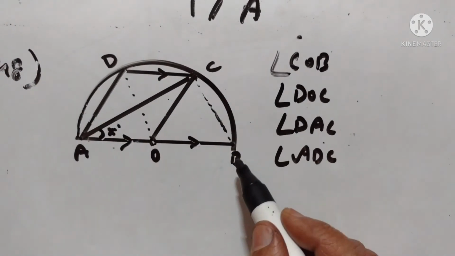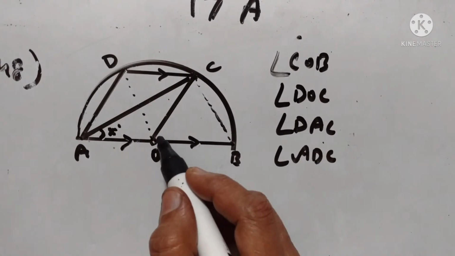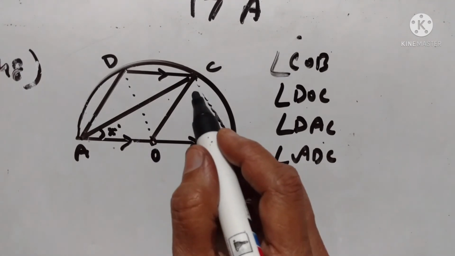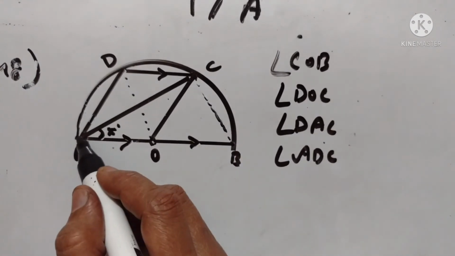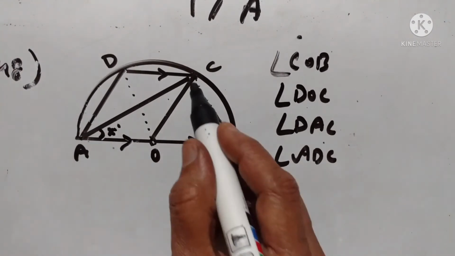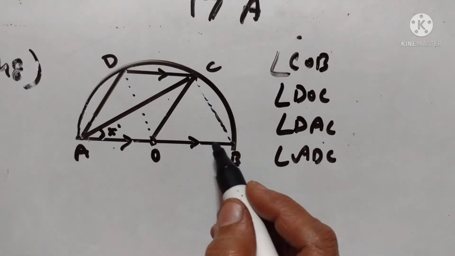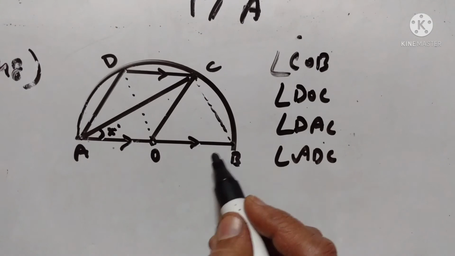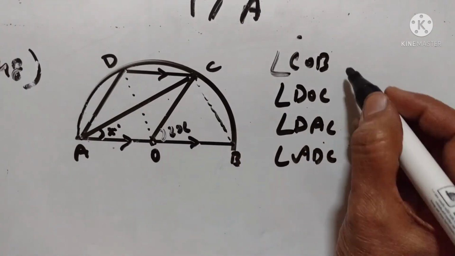If CB is a chord, angle COB is made at the center. O is the center, given. And angle CAB is the angle made by the same chord on the circumference. Therefore angle COB is equal to twice angle CAB. Angle CAB is equal to x, therefore angle COB is equal to 2x.